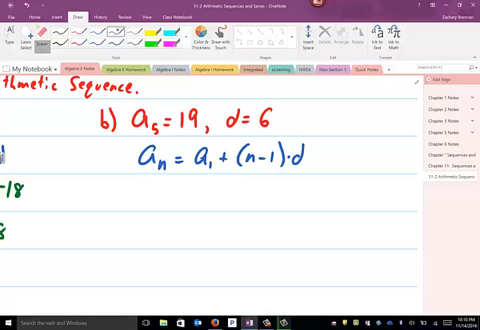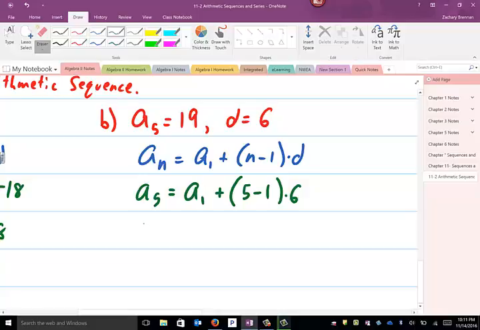Okay, so here's what I would do. Let me start at the end of this. That d right there is 6. N we know is going to be this 5 over here, so it's going to say 5 minus 1. We've got a sub 1. It didn't tell me anything about it. And over here on the left, it's going to say a sub 5, but then a sub 5 is going to get replaced with 19.